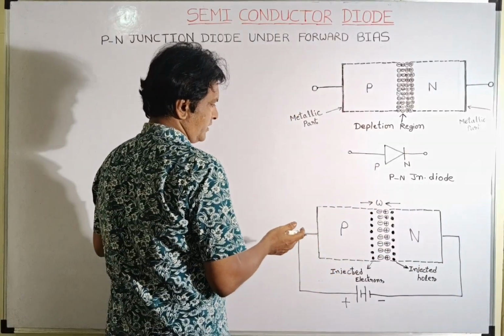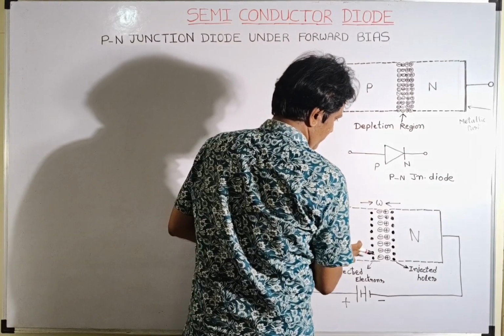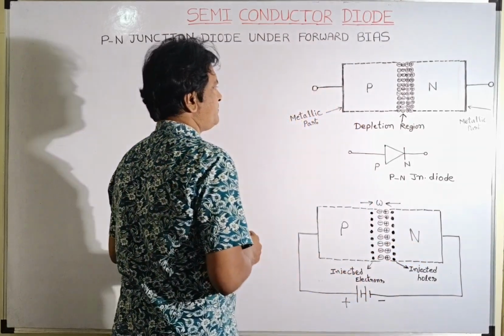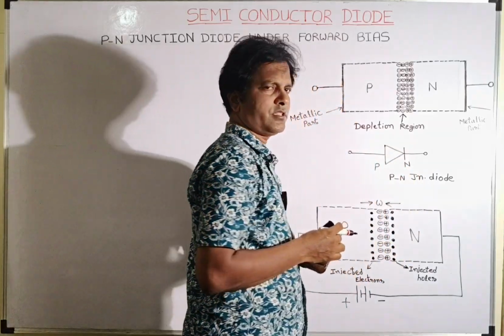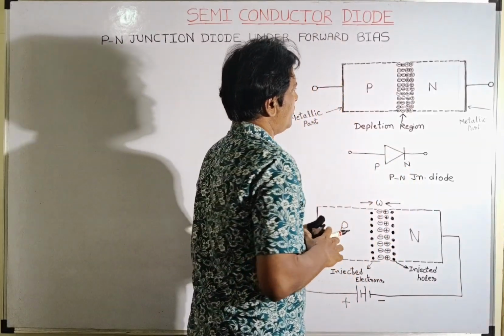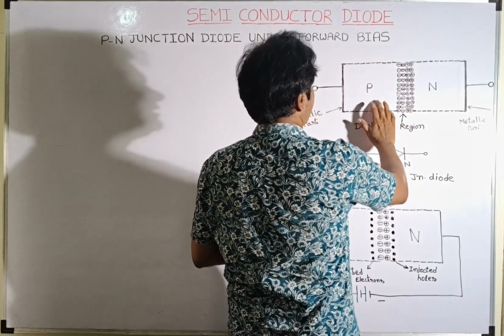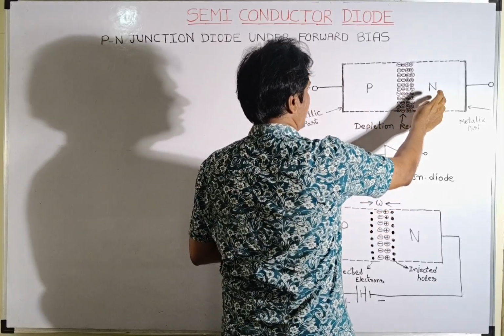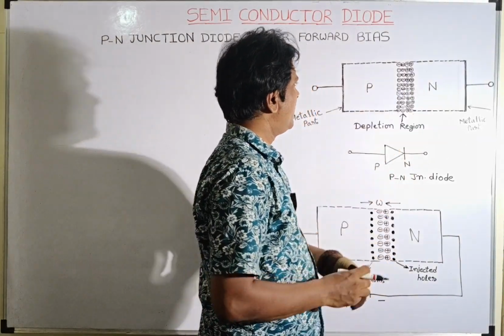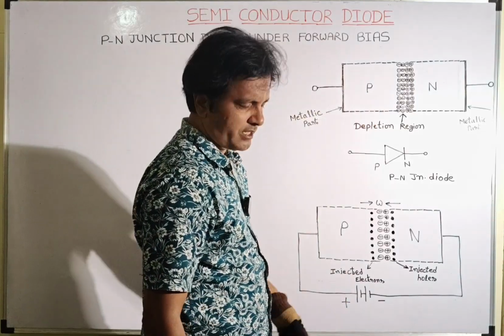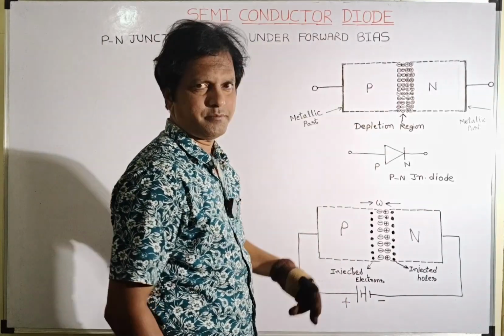Here are the indications of p-type and n-type material, and here I have written depletion region. What is the depletion region? In p-type and n-type materials, the electrons are the majority carriers in n-type and holes are the majority carriers in p-type.